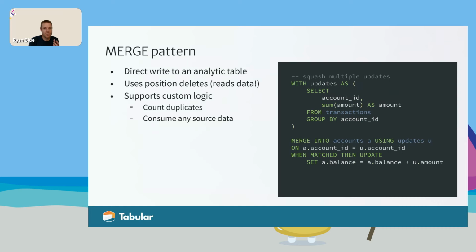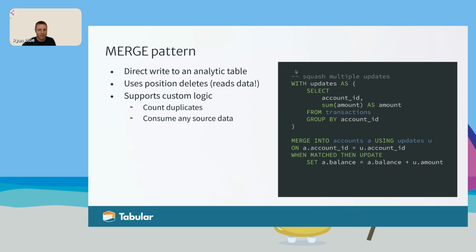How do we take changes and merge them into a table? So this is a direct write into an analytic table. And this is also easy with the modern commands that we use to update and run big data workflows. So here we're using a merge. So we need to squash multiple updates into a single update to every row.